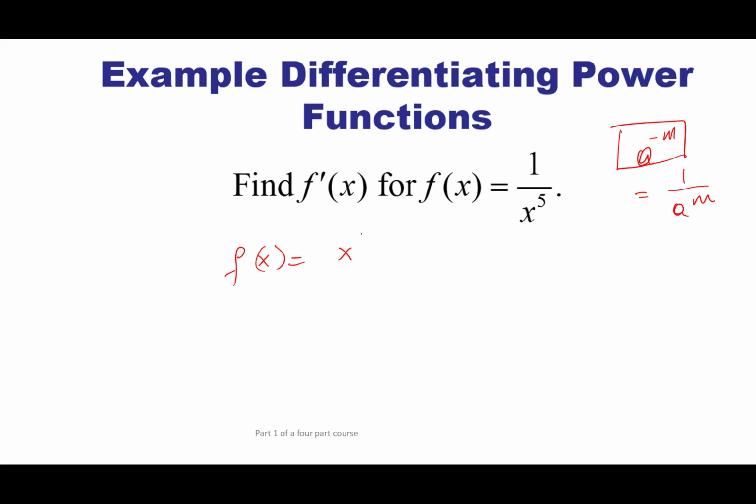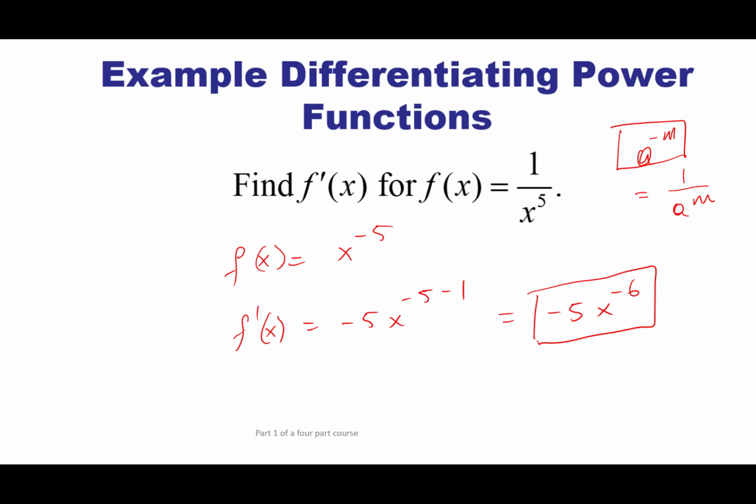This is going to be x to the negative 5. Now if that is x to the negative 5, the derivative of that is going to simply be negative 5x to the negative 5 minus 1. So my result here is going to be negative 5x to the negative 6, and that represents my derivative of this function. It's pretty straightforward there once we understand how to use the power rule.